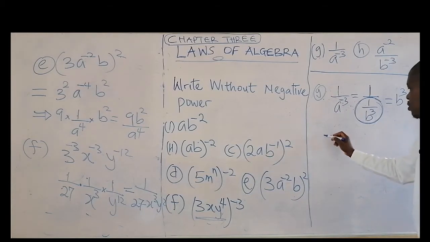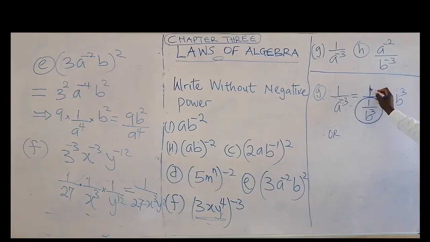And if it's not clear, you can do it another way: this 1 over, this is 1 divided by this line, which is division, and then 1 over b cubed. That will be equal to 1, you change this division to multiplication, and then this will turn upside down. So that will be b cubed over 1, and that's b cubed. But you don't need to do all this. Since you have a fraction and you have 1 on top of it, what it means is that you are reciprocating that fraction. And that's that.